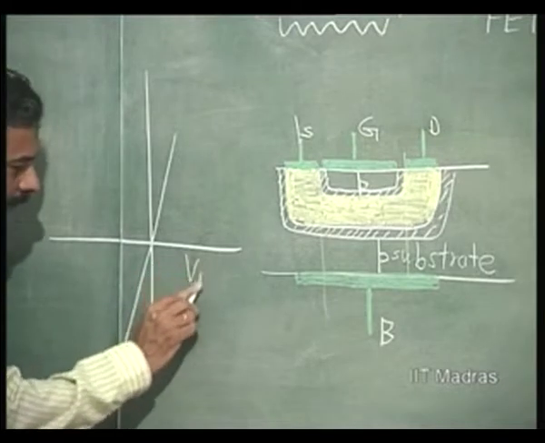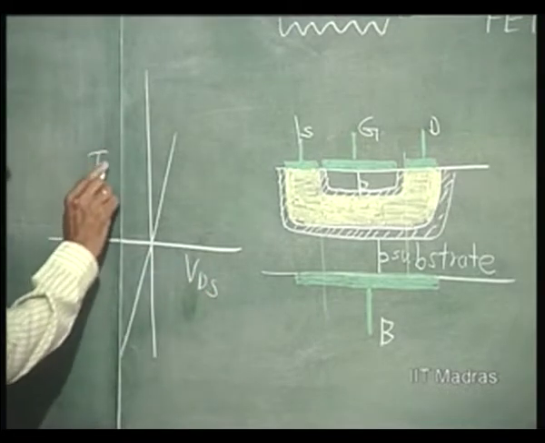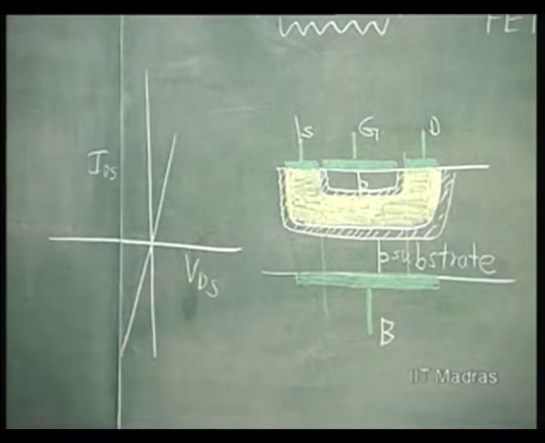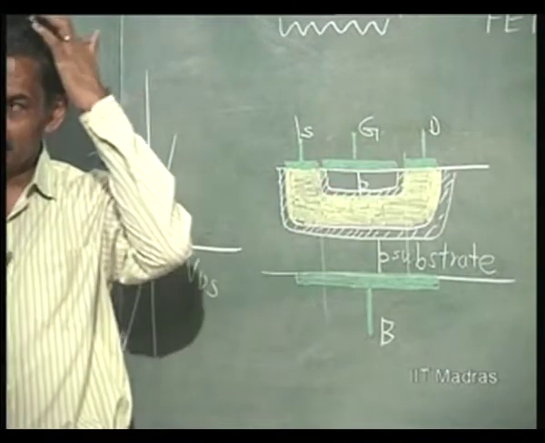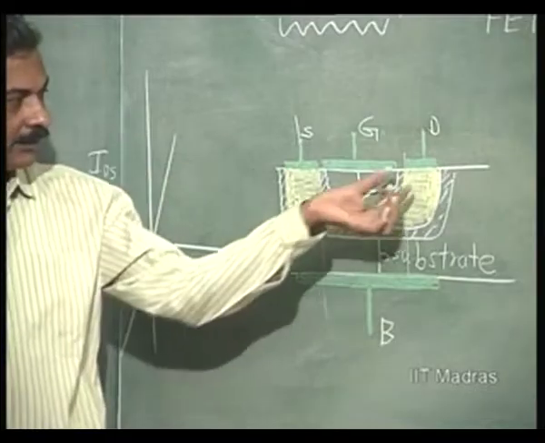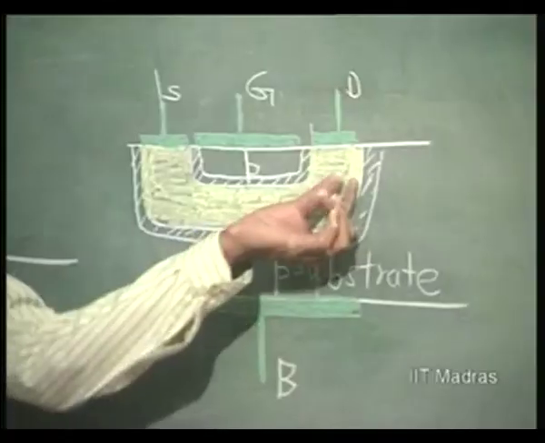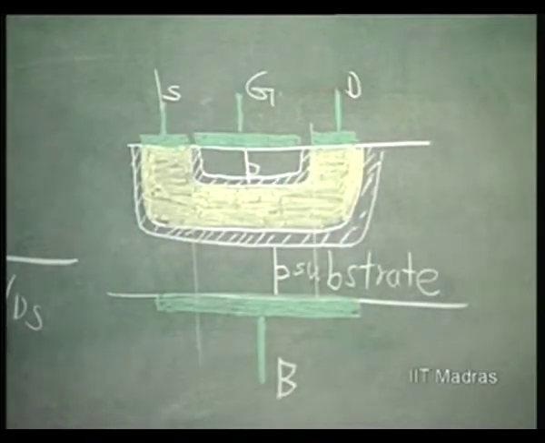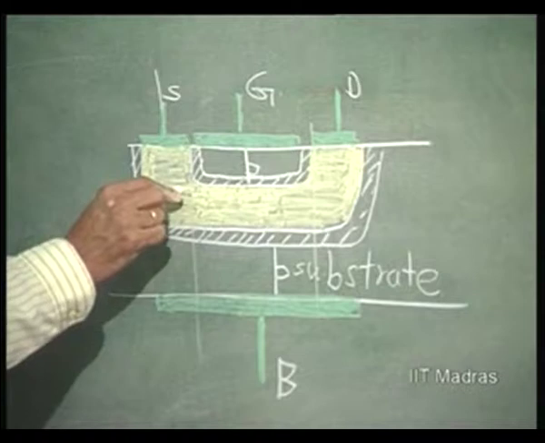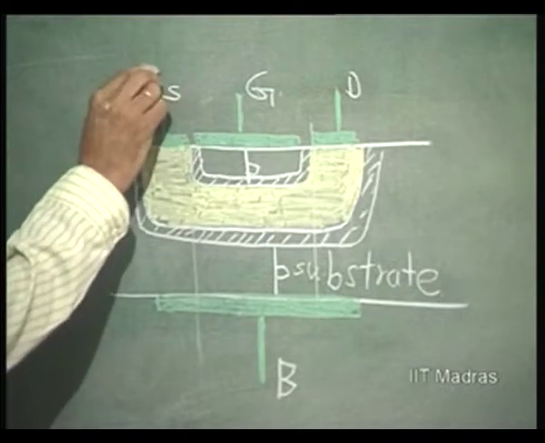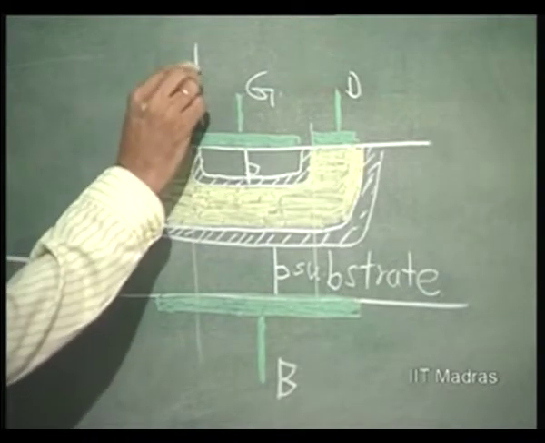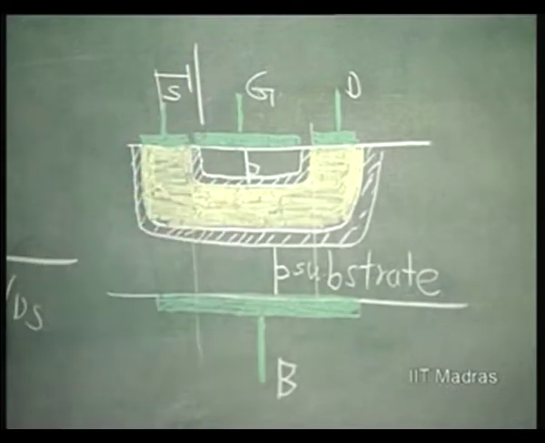Then once I start applying VDS, what should I do? In order to close this channel width here, I have to extend this depletion layer width. Please remember this is N, and how do we reverse bias this junction?